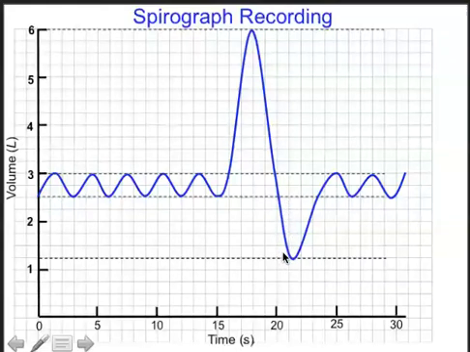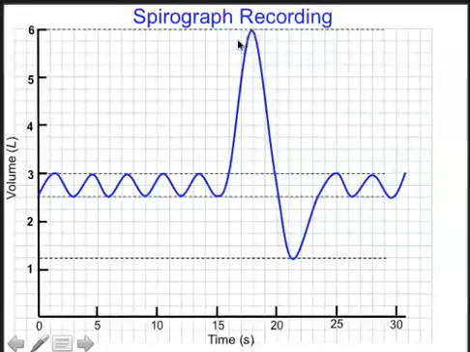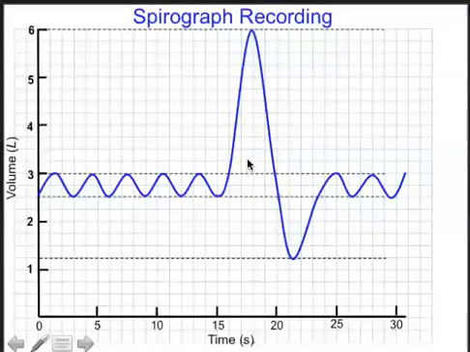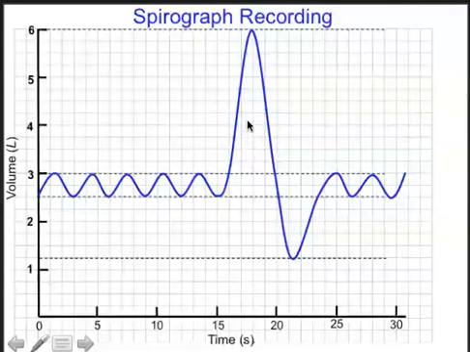That's 1.25 liters, or 1,250 milliliters. That's the expiratory reserve. The inspiratory reserve would be calculated by measuring the height of this peak. So if we count 1, 2, 3, 4, 5, 6, 7, 8, 9, 10, 11, 12, 12 squares high, that equals an inspiratory reserve volume of 3 liters.